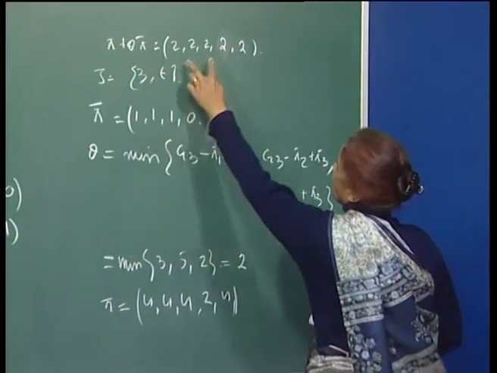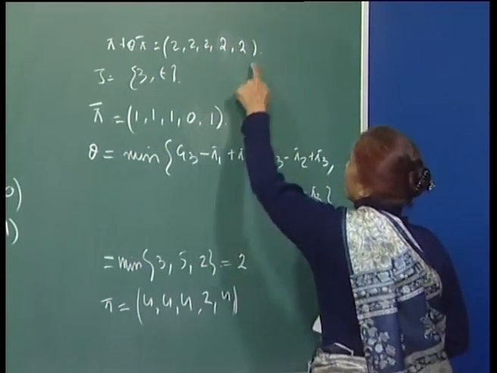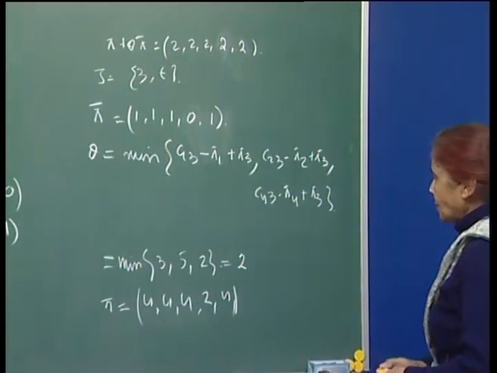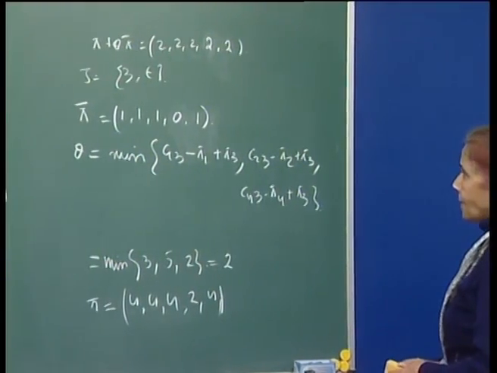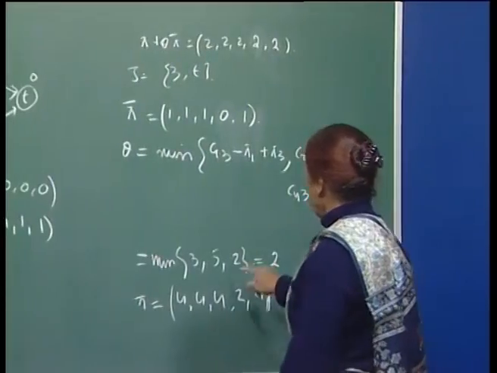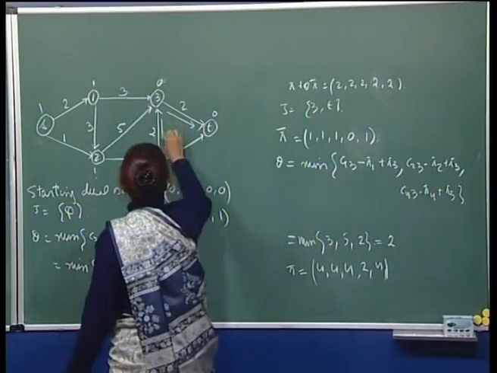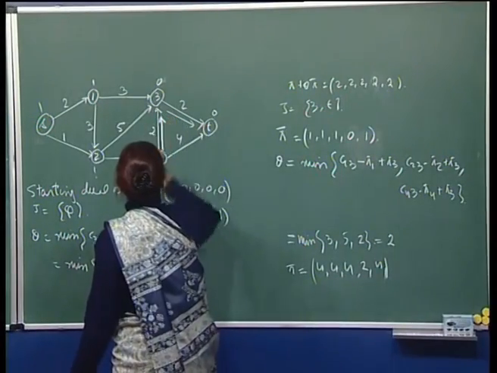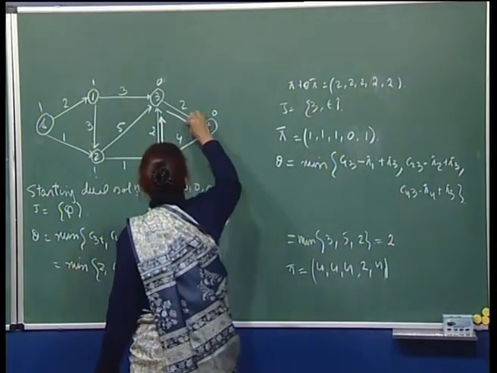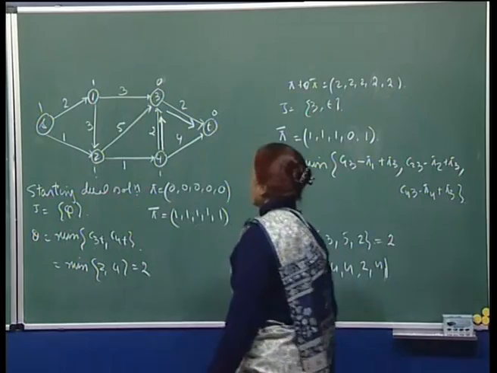So, these 3 become 4, this remains 2, and this is 4. So, this is your new dual solution, and you have chosen the arc 4 3. So, you see step by step you are constructing your shortest path.